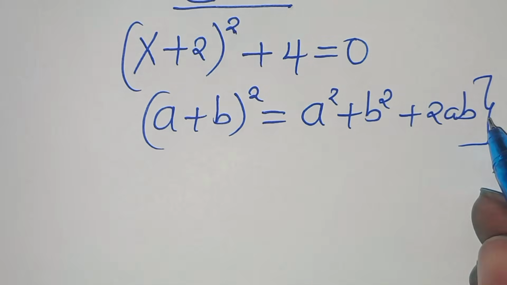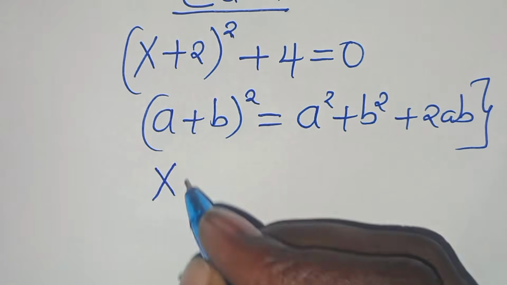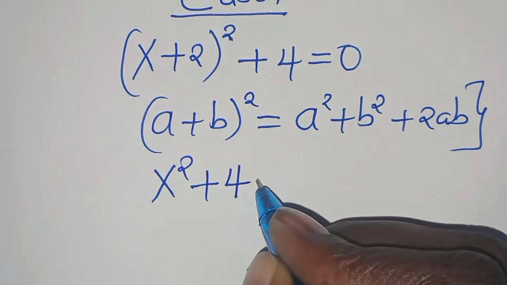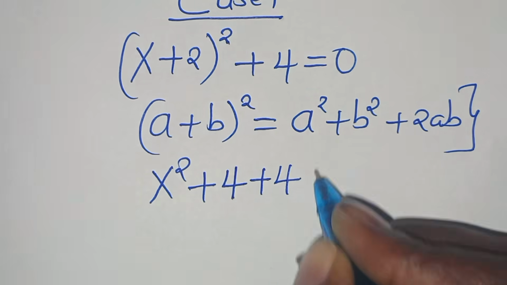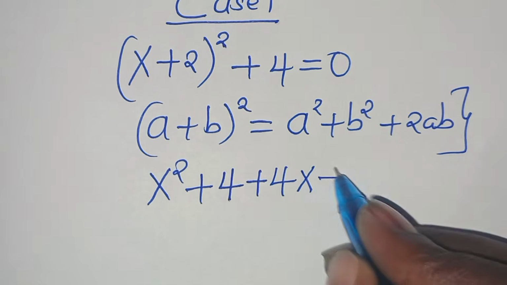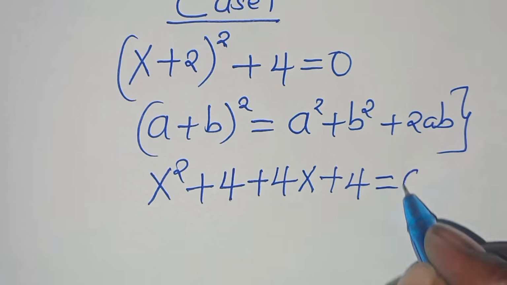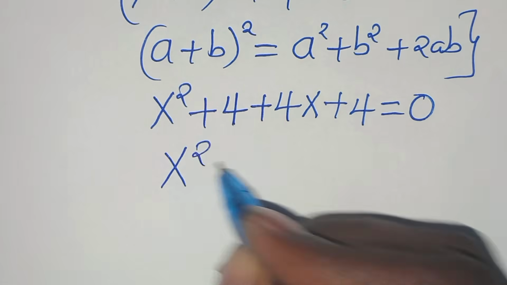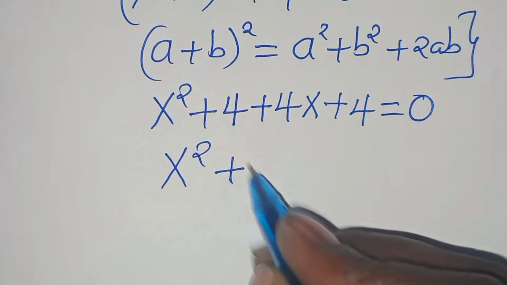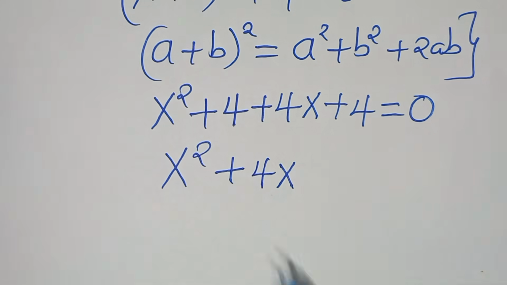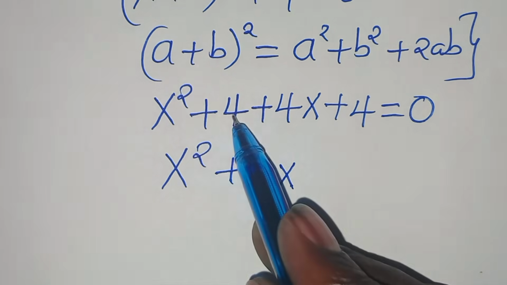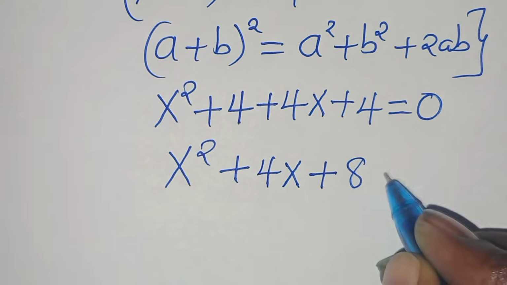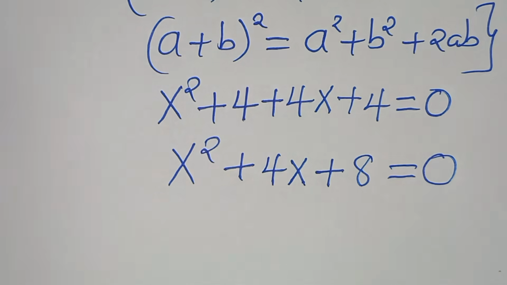Now, applying this identity, we have x squared plus 2 squared, which is 4, plus 4x, plus 4, equal to 0. So this is x^2 + 4x, then we have 4 plus 4, the same thing as plus 8, and this is equal to 0.